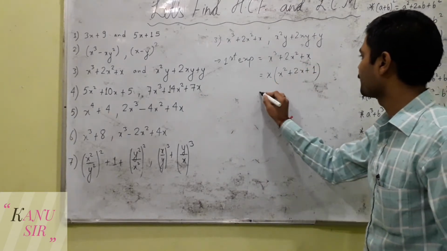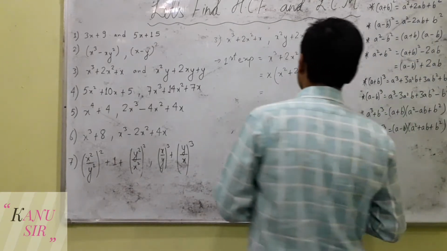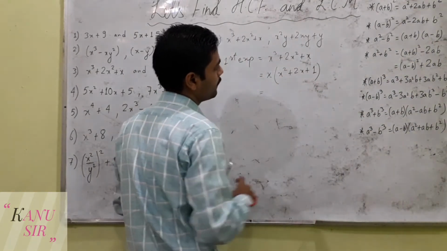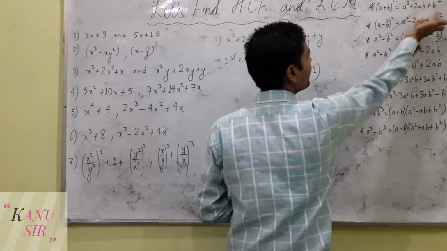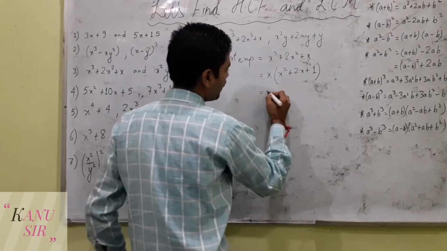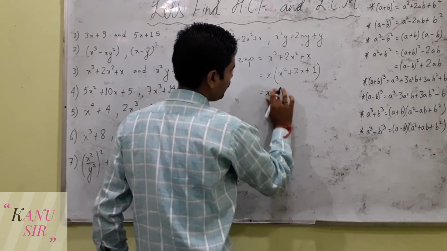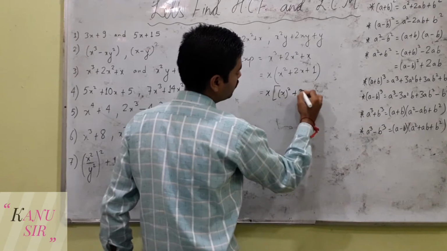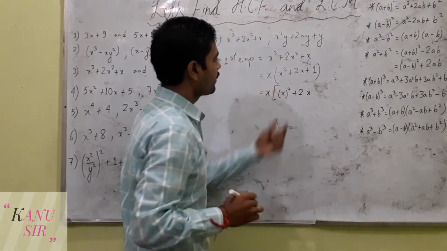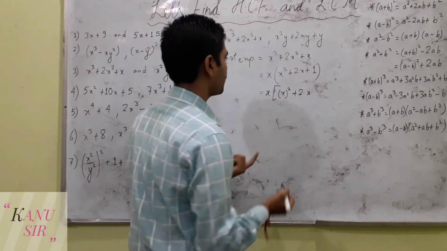Now you can see this goes in the formula a square plus 2ab plus b square, so we can return it back to that form. Let us check: x square plus 2x, we have 2 times x is 2x.